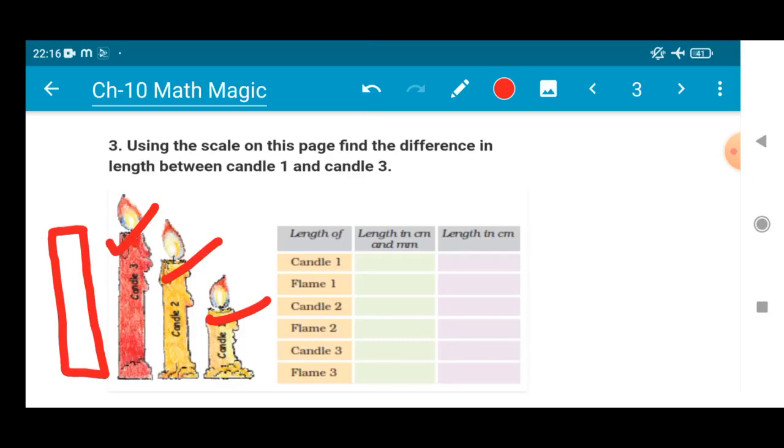So this is candle 1 here, candle 3 here, and they have asked us to find the flame 1. Flame 1 will be this, this is the flame here. Then again candle 2, flame 2. So with the help of your scale and pencil you will be doing it yourself. Okay, so this will be a home task.